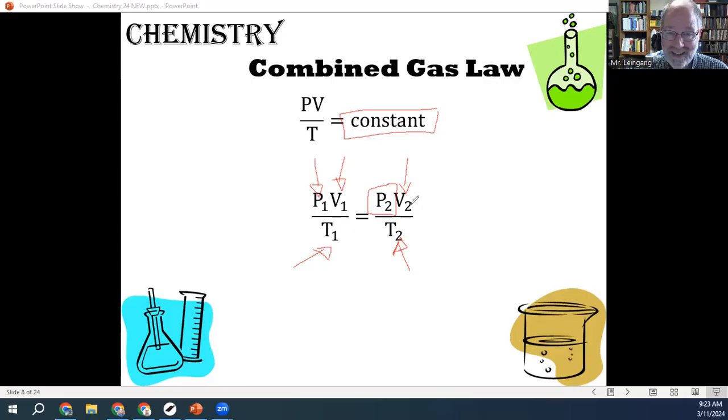You don't want a container to have such high pressure that it explodes and fails to hold the gas. Because if the gas volume can't change, but the temperature does, there's going to be a change in pressure. And so we do this with gases in order to determine what the properties will be if the conditions change.